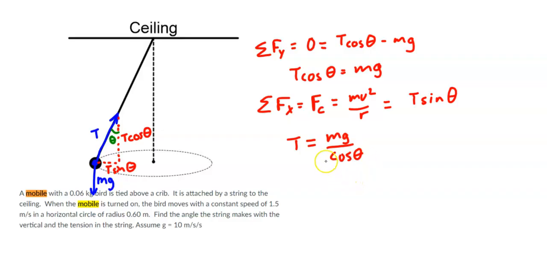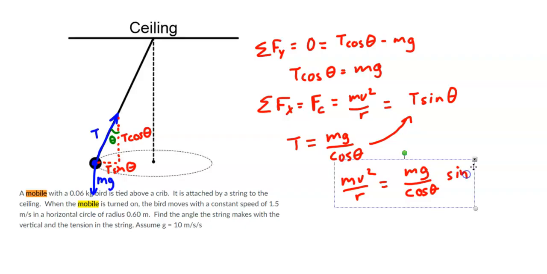And then if I take that and put it in place of the T here, then I would have mv squared over r equals mg over cosine of theta times sine of theta.